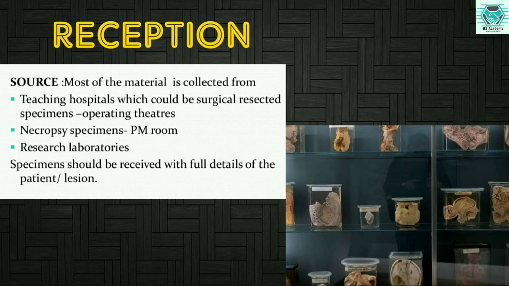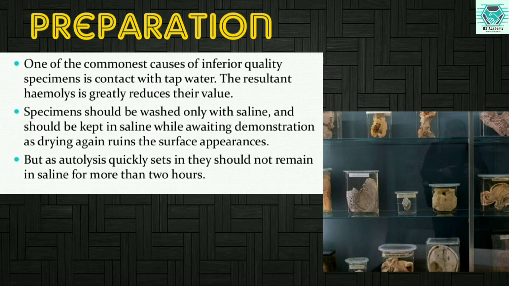For example, a kidney can be bisected and one half kept aside for the museum. So any specimen, if it is a brain, kidney or any other organ of our body, can be bisected or sectioned according to the demonstration purpose, and placed for the museum technique.